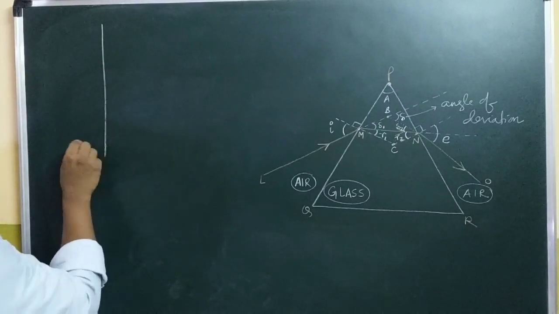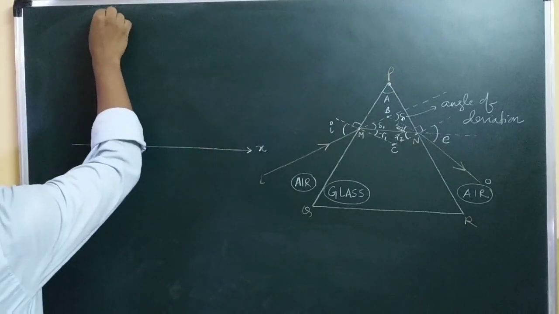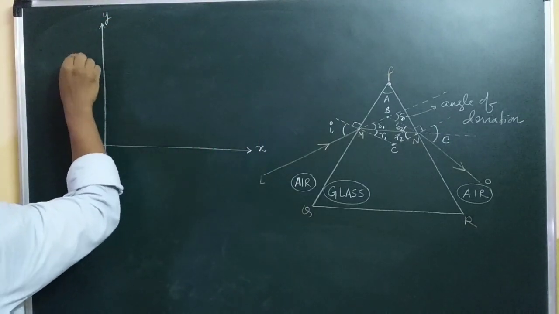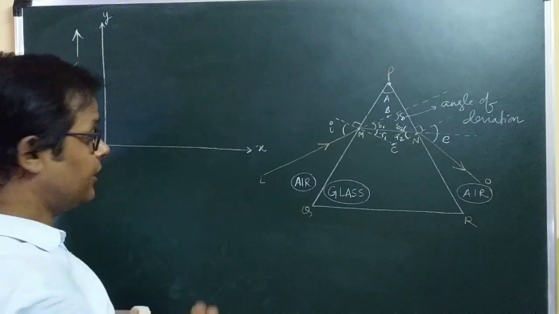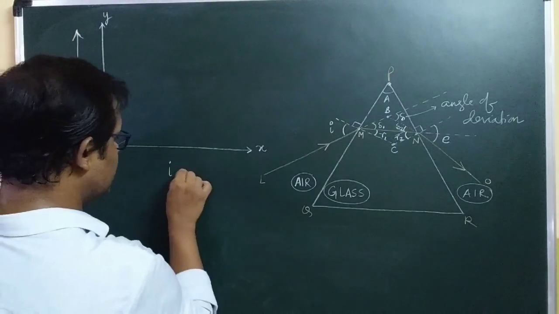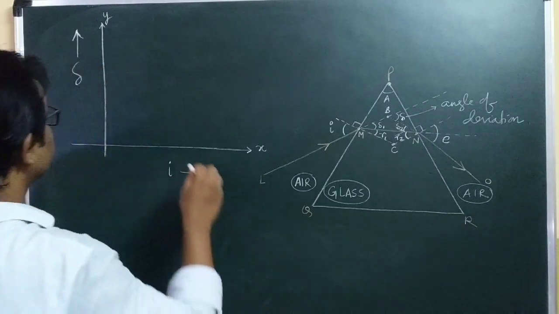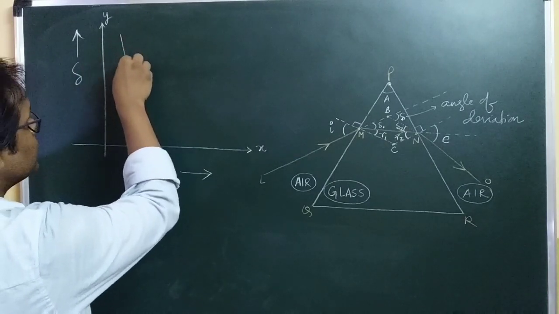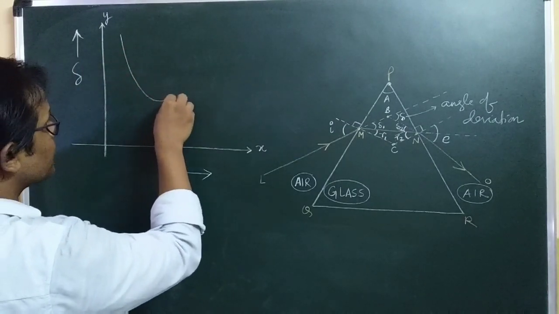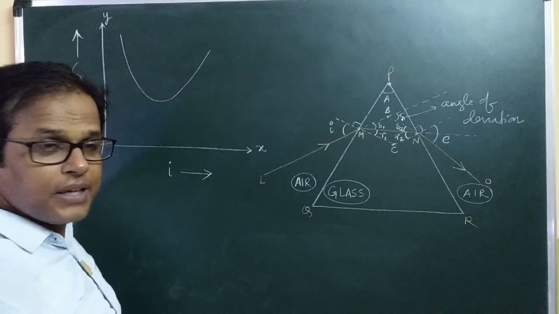This is my x, this is my y. I'm going to plot the angles of deviation and the various angles of incidence over here. You'll find that experimentally the plot looks something like this.